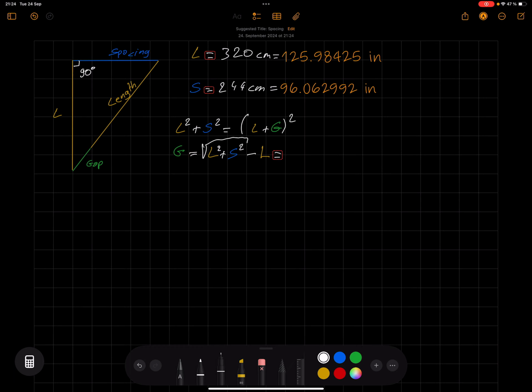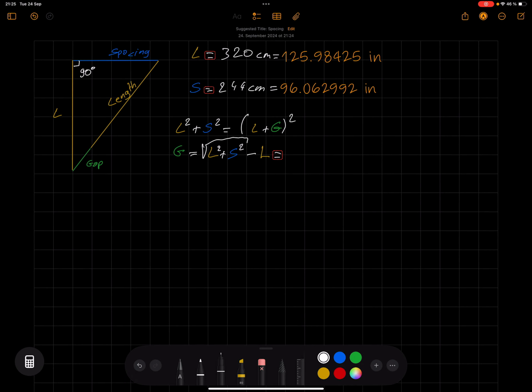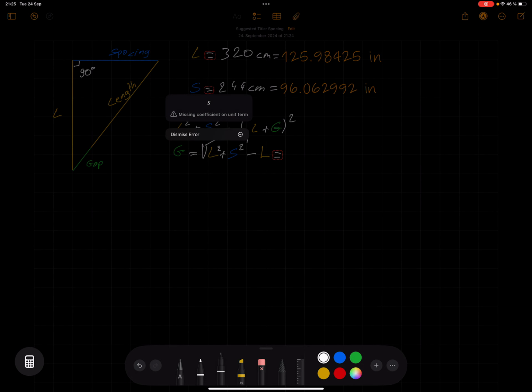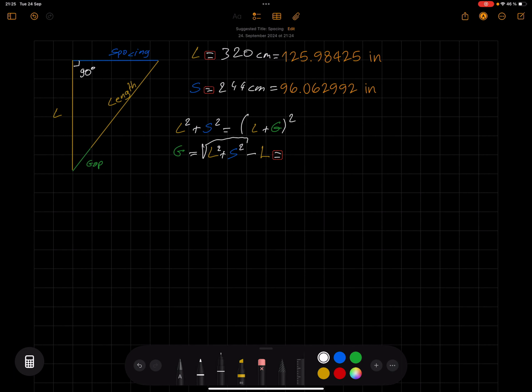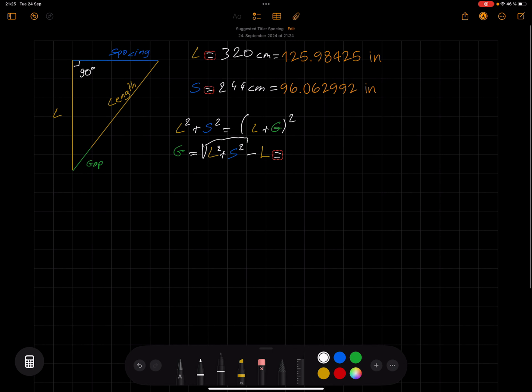And now I'm not okay anymore. So now it's my square roots, not a good issue. Missing coefficient or unit. I don't know what is missing. I have everything clear. Here is S, here is L, and here is not what you want.